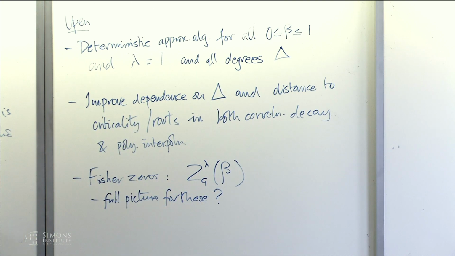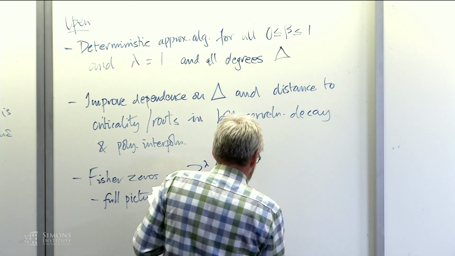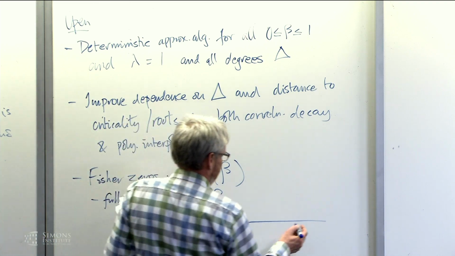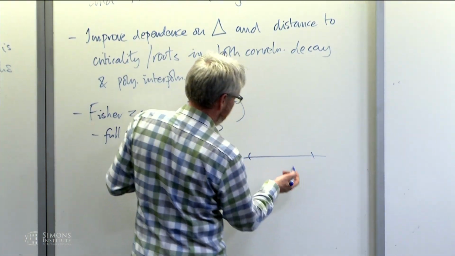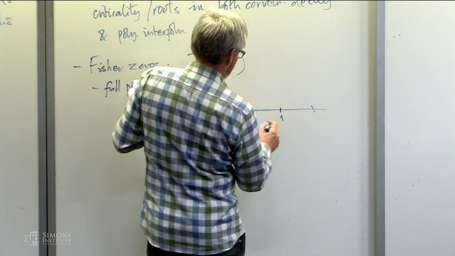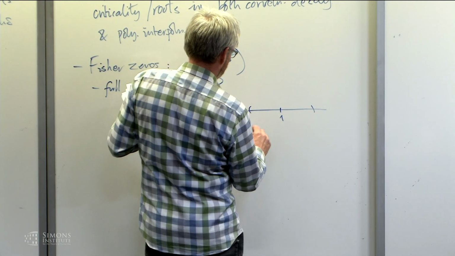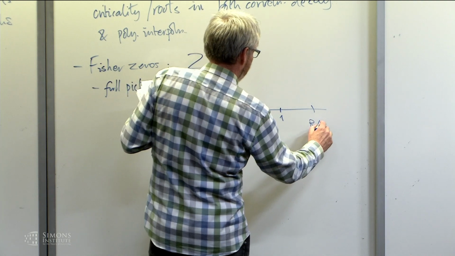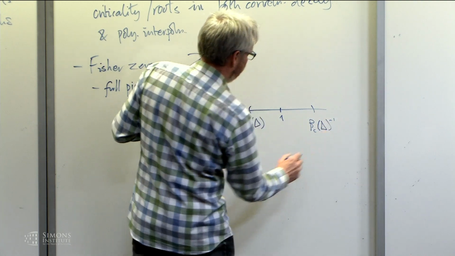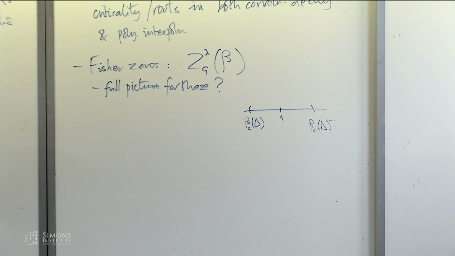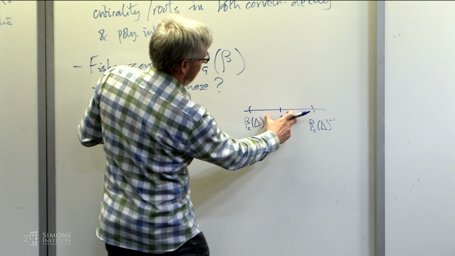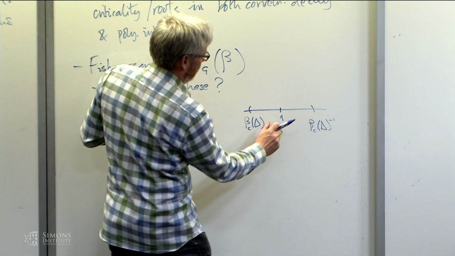And I can tell you a couple of things you can show. Here we're looking at zeros in beta. Remember we have these complementary critical points for the ferromagnetic and the antiferromagnetic Ising model, and this is the regime where there's uniqueness as a Gibbs measure.